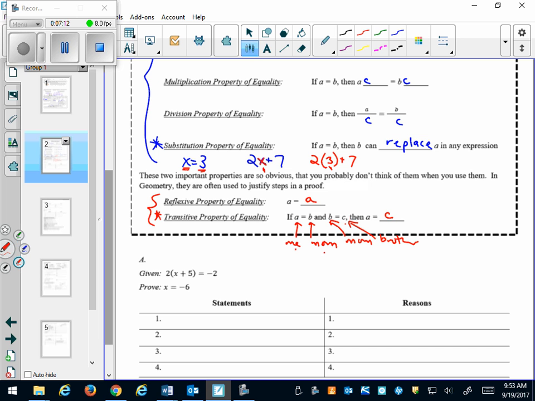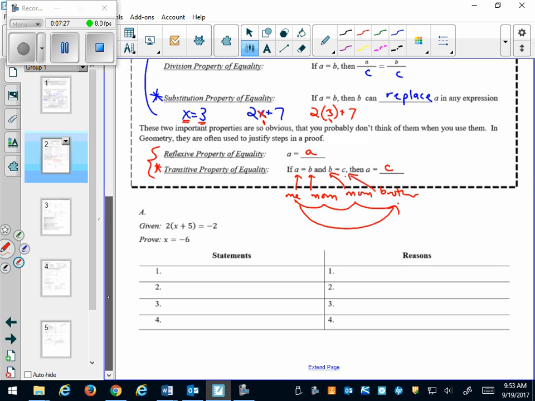So I'm the same height as my mother, who's the same height as my brother, well then I must be the same height as my brother, right? It's just this transitive property. It's a transition. You kind of transition through mom over to brother, okay? You'll see how that works in our proofs.